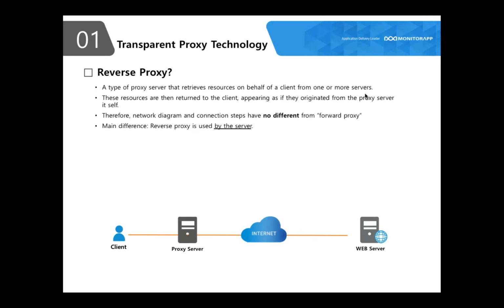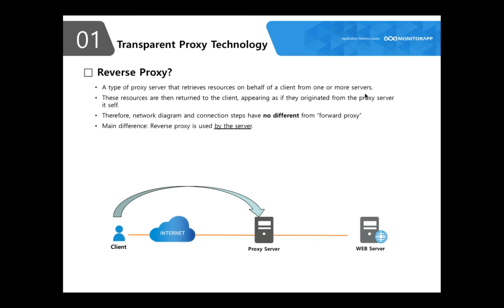In the case of a forward proxy, the client connects to the proxy server first and accesses the internet to gather services from the server. So it connects like this. This is a forward proxy. But in a reverse proxy, the client accesses the proxy server through the internet, and the proxy server connects to the web server.